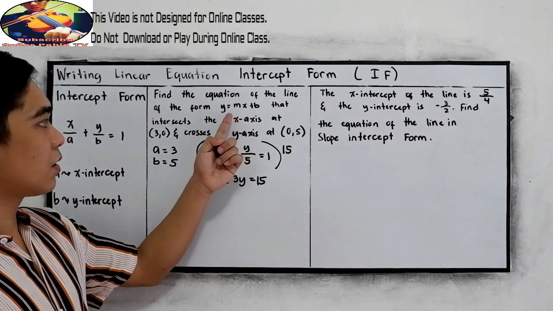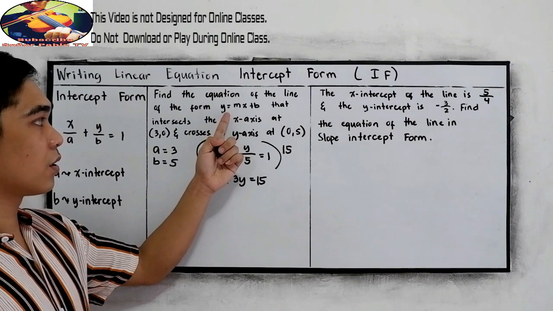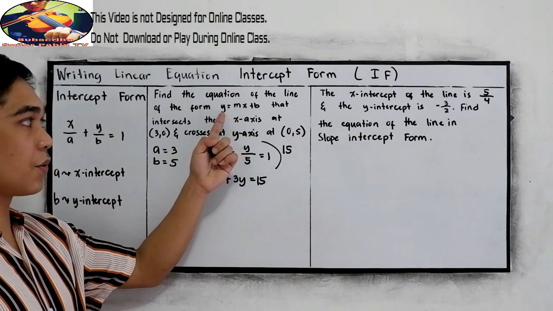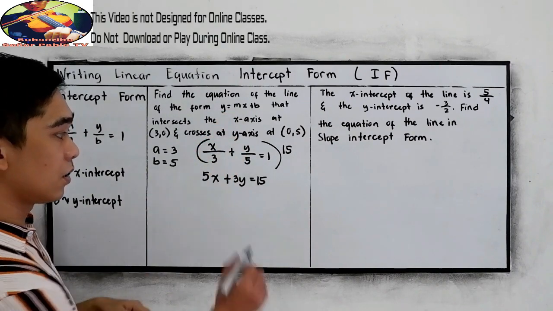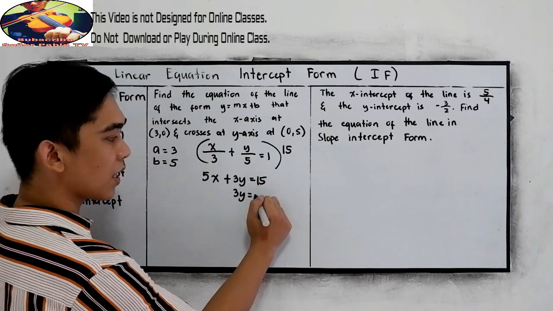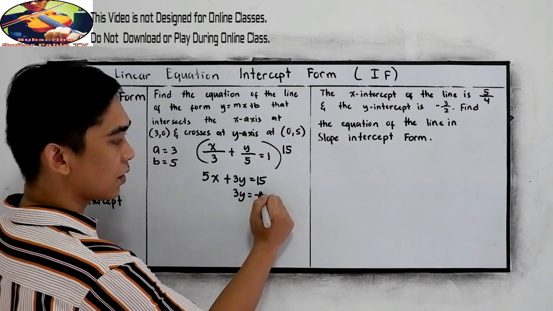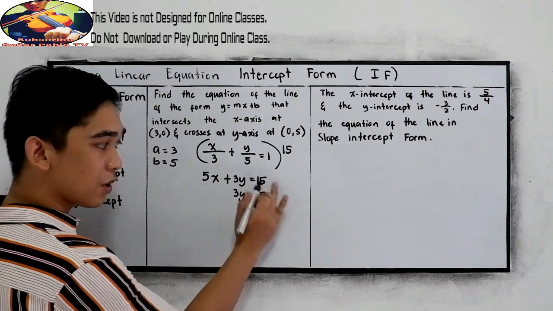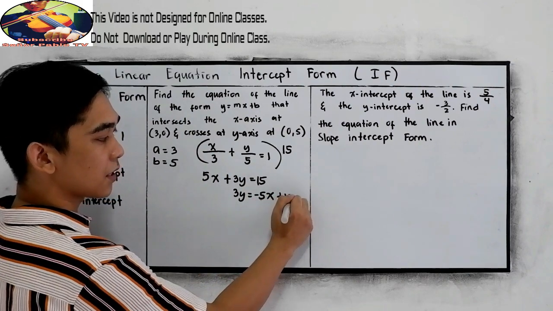We're looking for the equation in the form y is equal to mx plus b. So we have 3y is equal to, moving to the left, negative 5x, addition property of equality, plus 15.